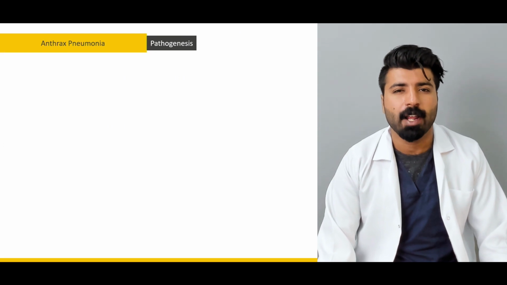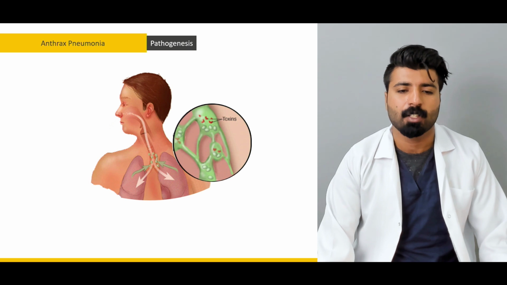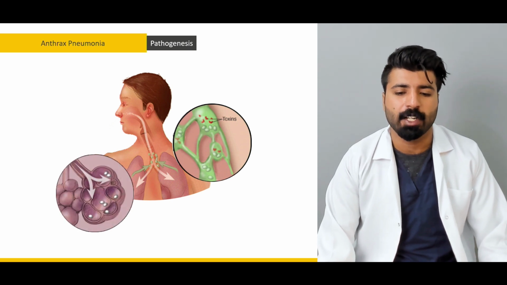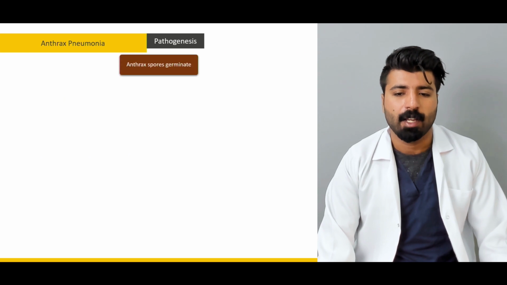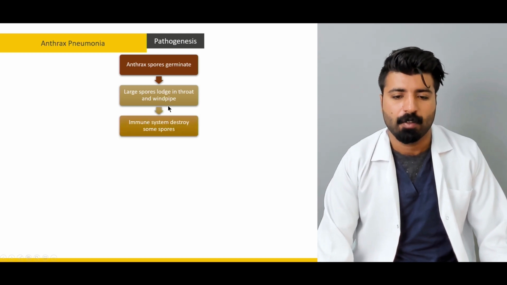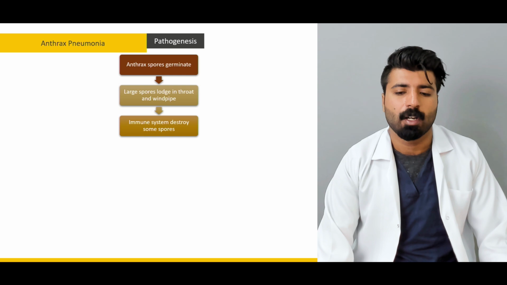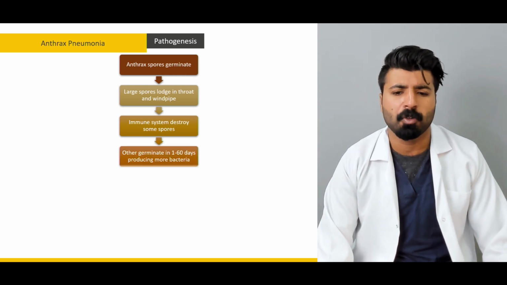Then we're going to talk about anthrax pneumonia and how it affects the lung. The toxin and anthrax are there, and it leads to the alveolar level, and afterwards anthrax spores germinate, and large spores are lodged in the throat and windpipe, which leads to immune system activation. The immune system will come in and destroy some spores, but not all of them.